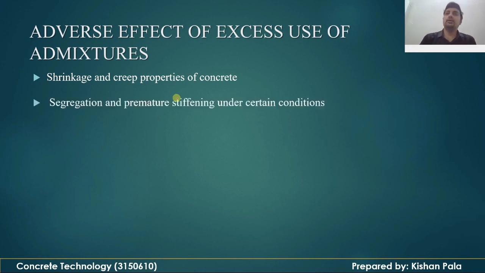And you are also facing problems like segregation and premature stiffening under certain conditions with the use of excess dosage of the admixtures. And you can also face the problem of loss of workability.